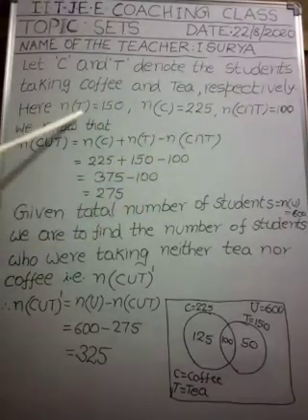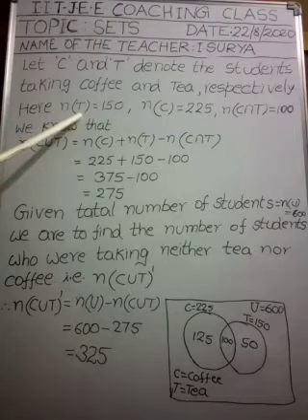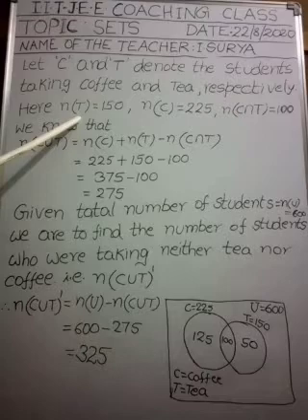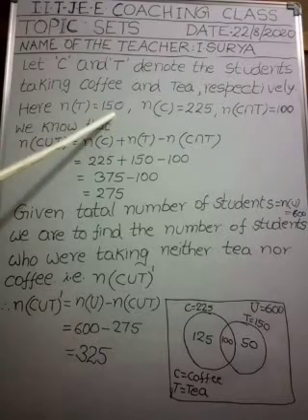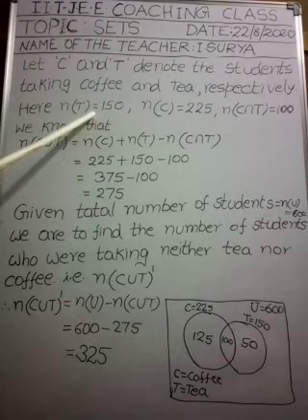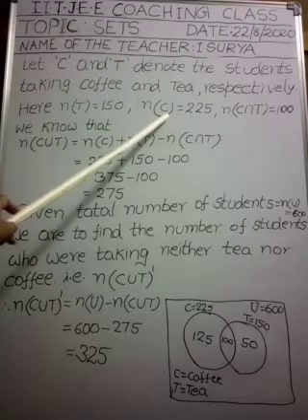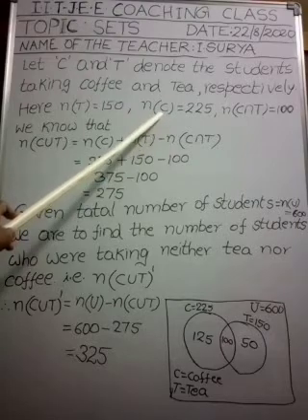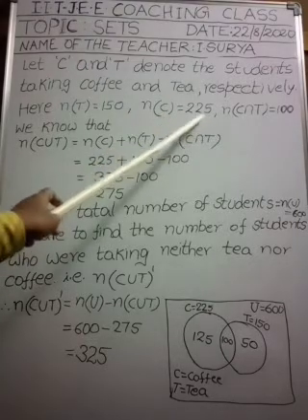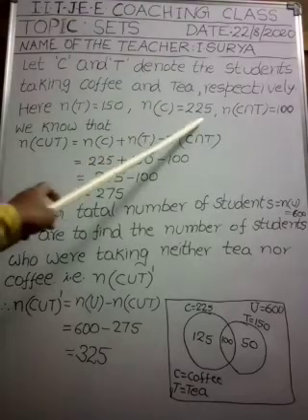Here n of T stands for the number of students who are taking tea. How many students are taking tea in the question? 150. n of C denotes the number of students who are taking coffee. How many are taking coffee? 225.